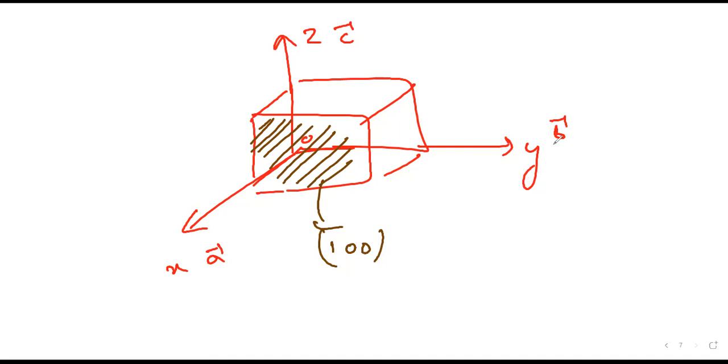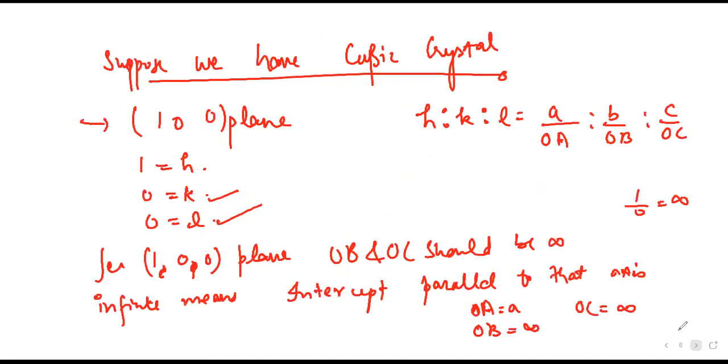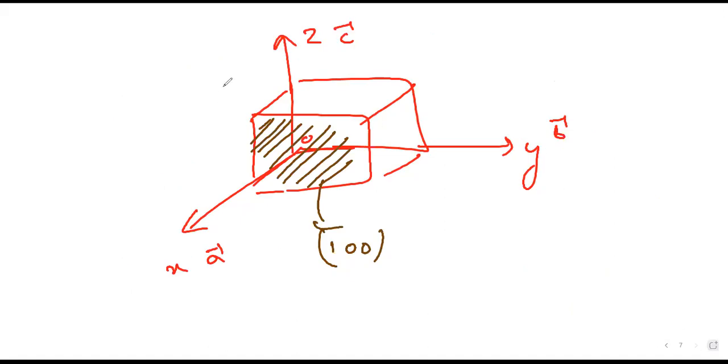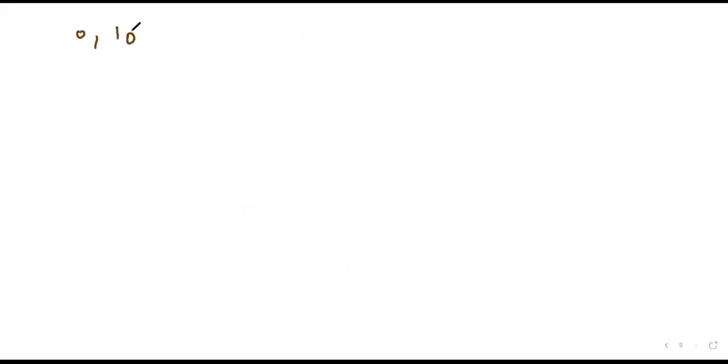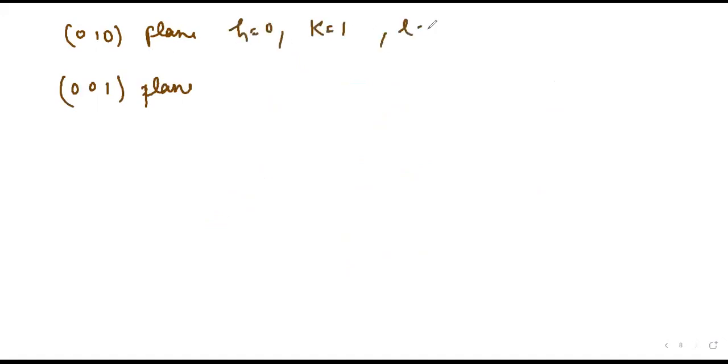Now again, if I am writing it for the 0, 1, 0 plane, similarly for the 0, 0, 1 plane. The 0, 1, 0 plane means h is equal to 0, k is equal to 1, l is equal to 0.